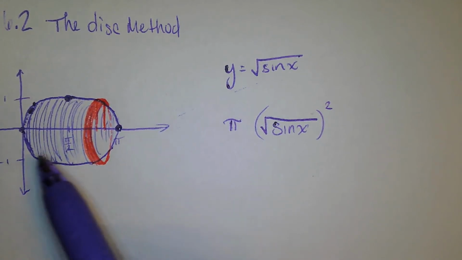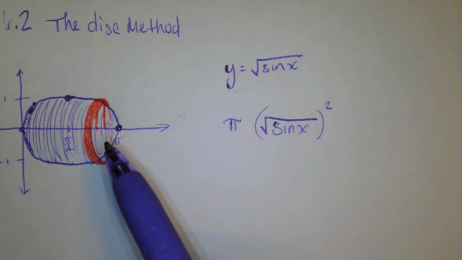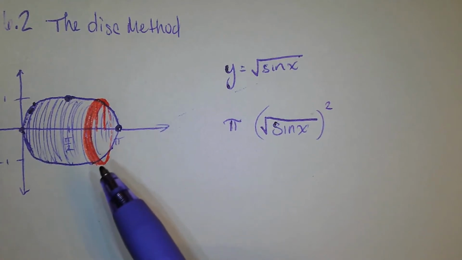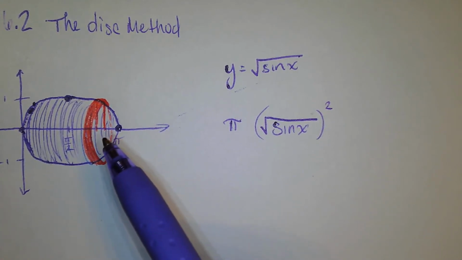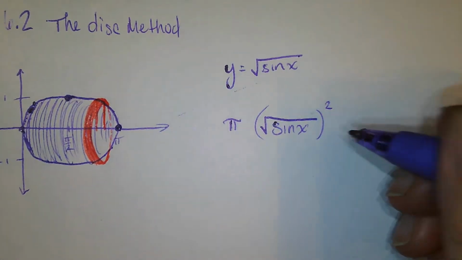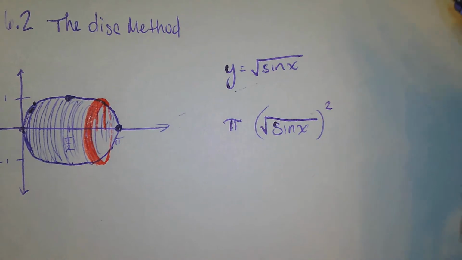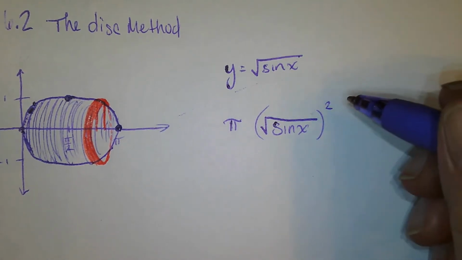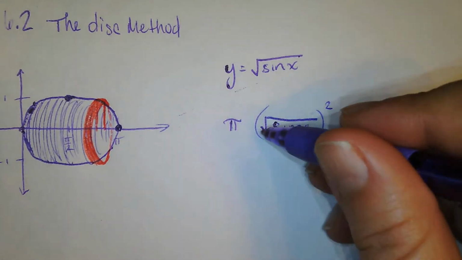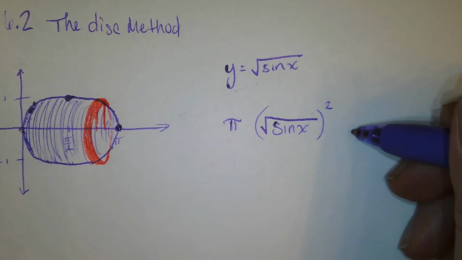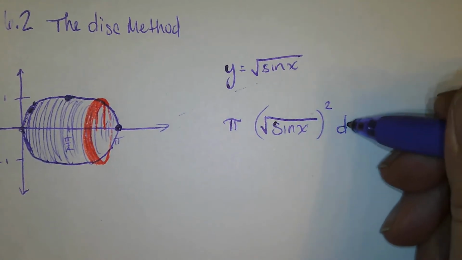And essentially this would be like little steps. But eventually, as delta x gets infinitely smaller, we know that it's going to approach 0, and just like when we did the area under the curve, it's going to do the same exact thing. So pi r squared h, or height, this is delta x.